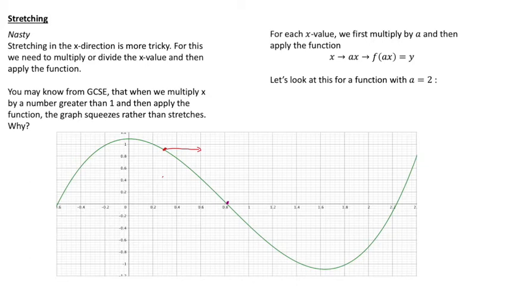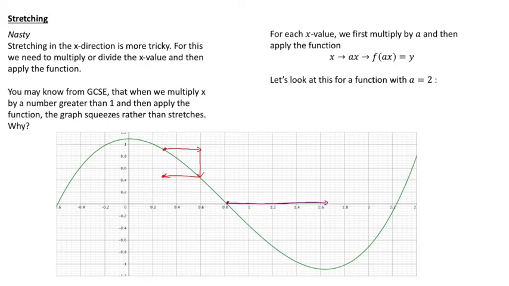So when we double it, remember we're timesing by 2, a times x, or 2 times x in this case, that takes us to 0.6. We then find out what the value on the curve is, so a bit above 0.4, and we take that value back to our x equals 0.3.